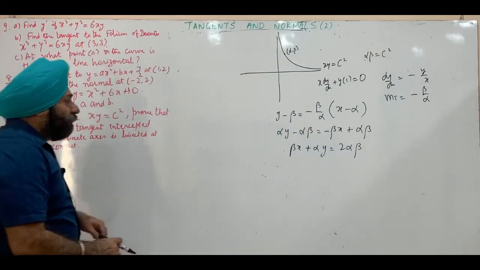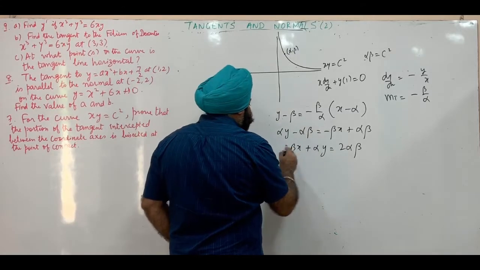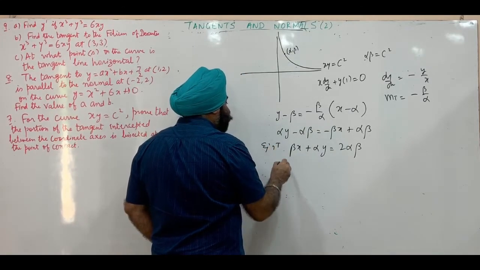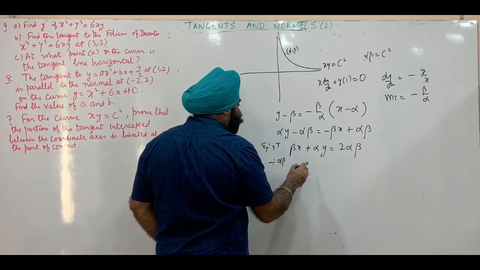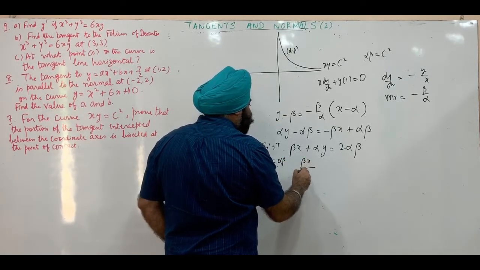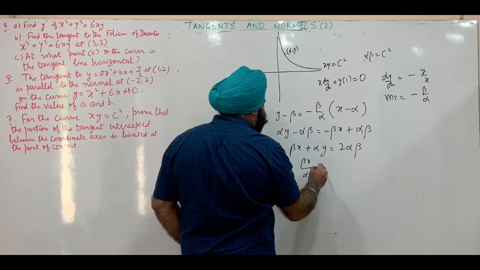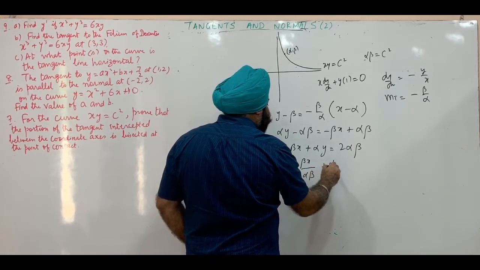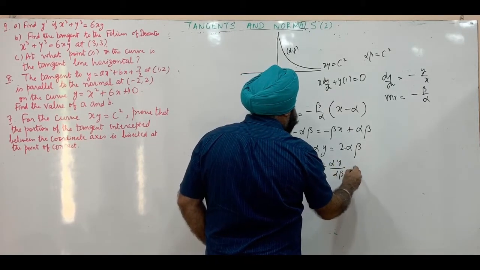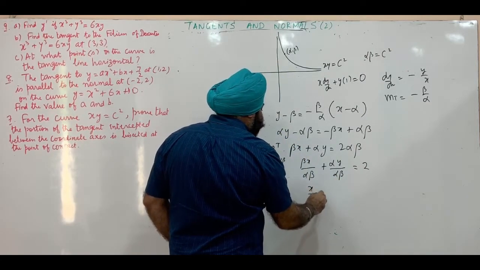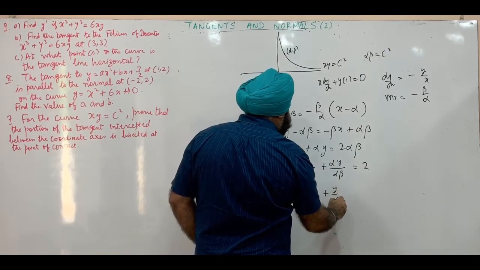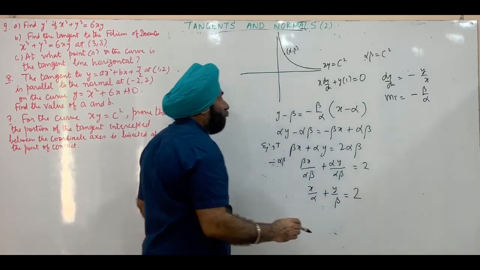This is the equation of the tangent. Dividing by alpha beta, this is beta x upon alpha beta plus alpha y upon alpha beta equal to 2. This gives us x upon alpha plus y upon beta equal to 2.